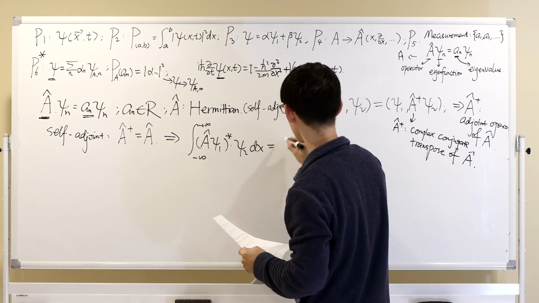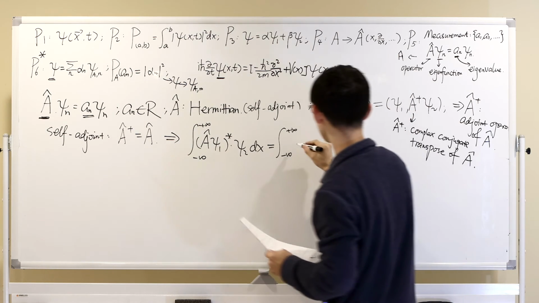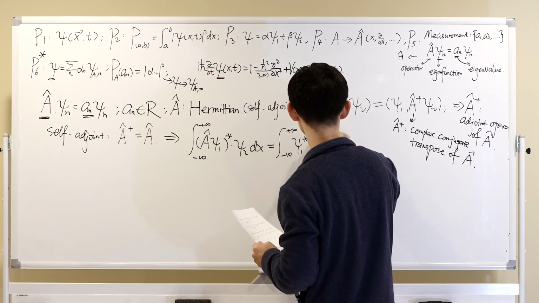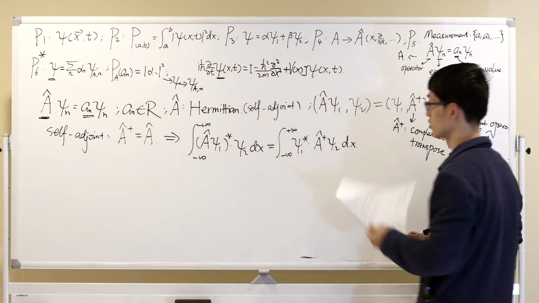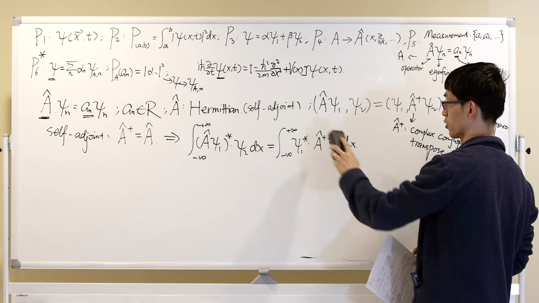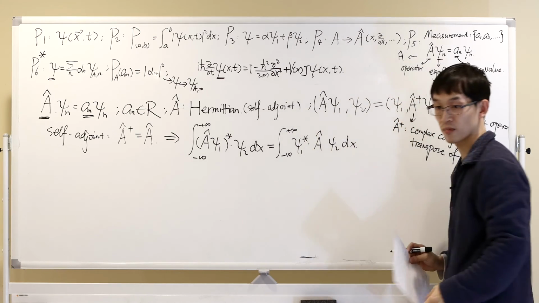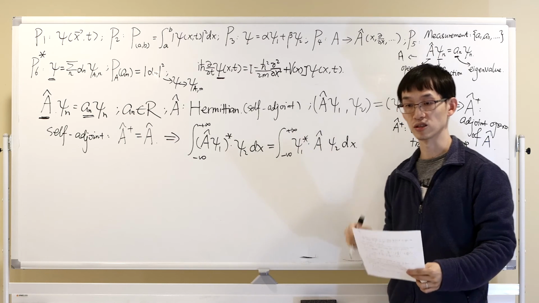This is equal to, by definition, the inner product of ψ1 and A dagger ψ2 dx. Okay, this is the definition of adjoint. And now because you're self-adjoint, A dagger equals A, so you'll have this. This is the definition of self-adjoint.